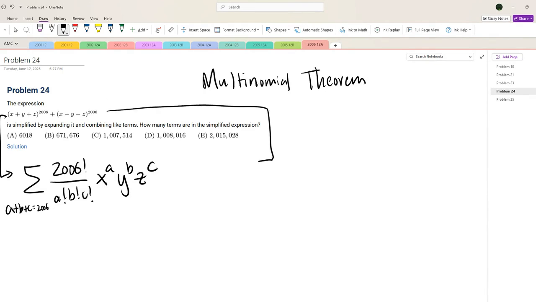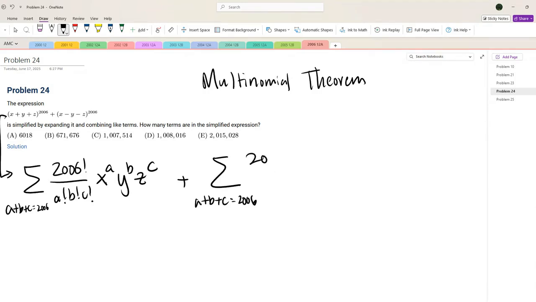And the second term can be written as the sum, where a plus b plus c add up to 2006, of 2006 factorial over a factorial b factorial c factorial times x^a (-y)^b (-z)^c.